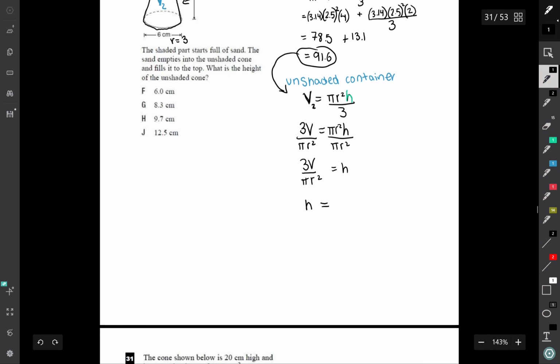Volume is 91.6 times 3 divided by pi, 3.14, times radius 3 squared. We end up with 9.7 centimeters, which is h.